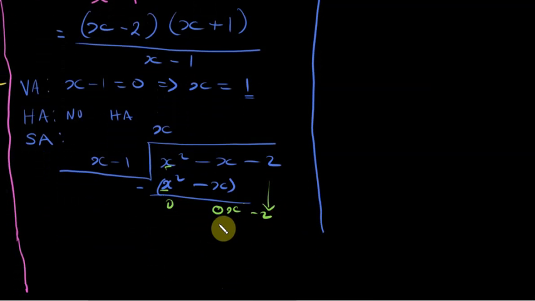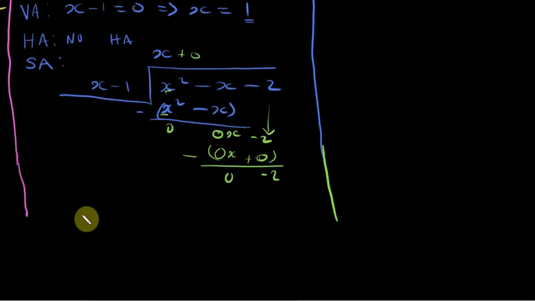Bring down the minus 2. 0x divided by x is plus 0. 0 multiplied by x is 0x, and 0 multiplied by minus 1 is 0. Minus 2 minus 0 is minus 2. So we see from here the remainder is minus 2.